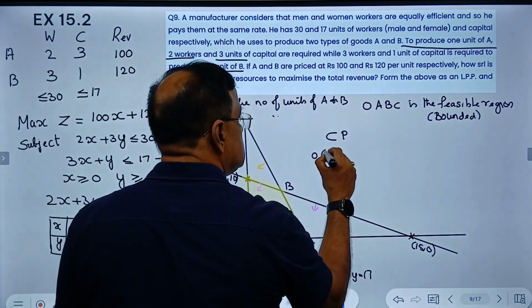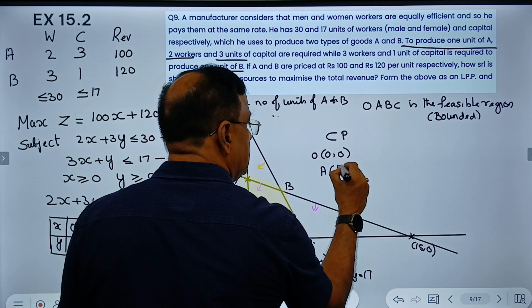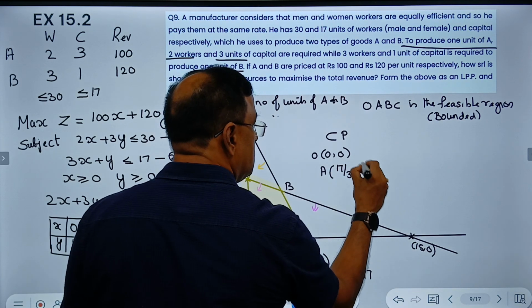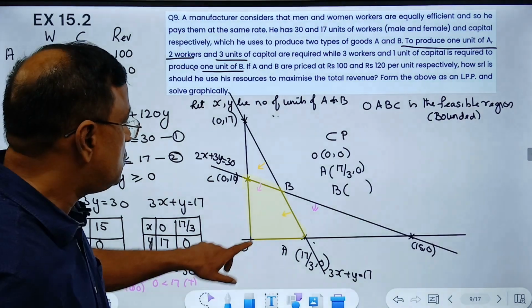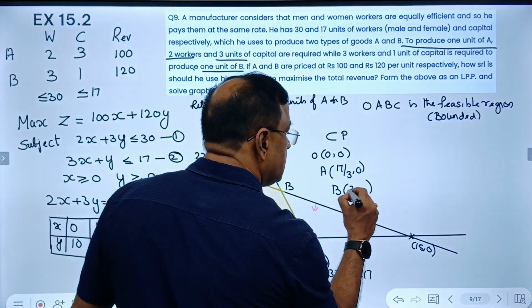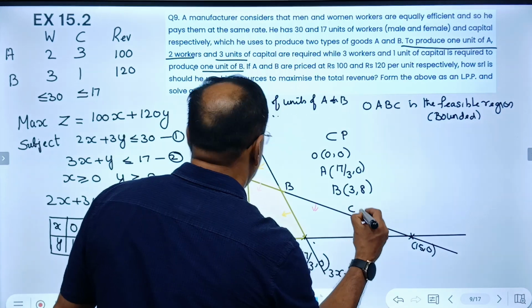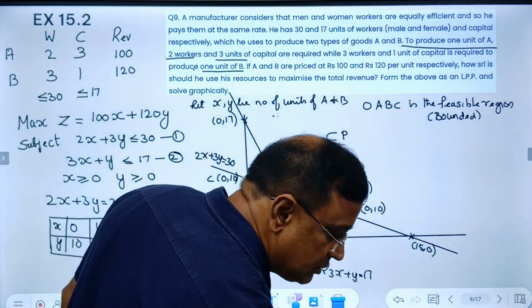O, that is 0, 0. A, it is 17 by 3, 0. And B can be got by solving these two equations, okay? And I have got it as 3, 8. And C is 0, 10.